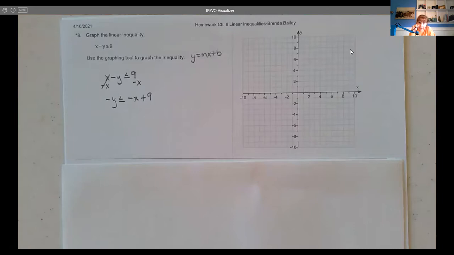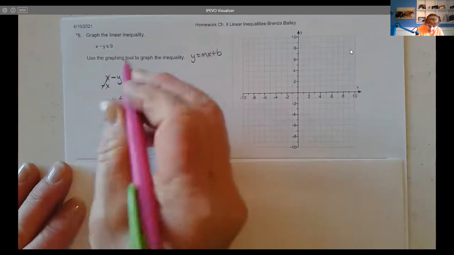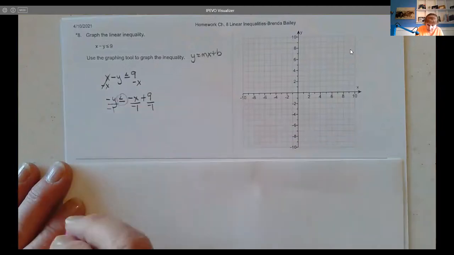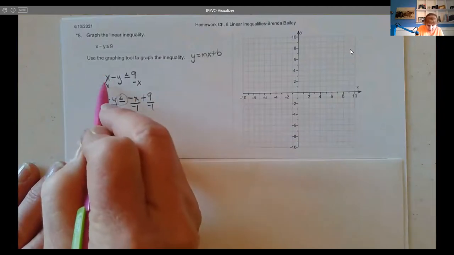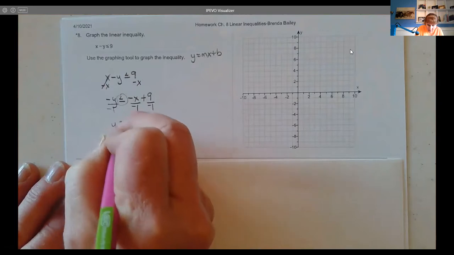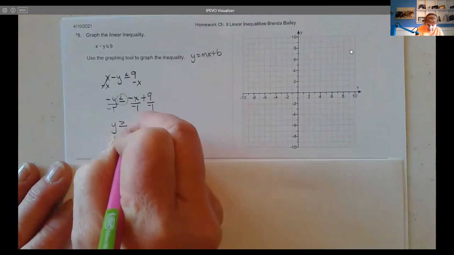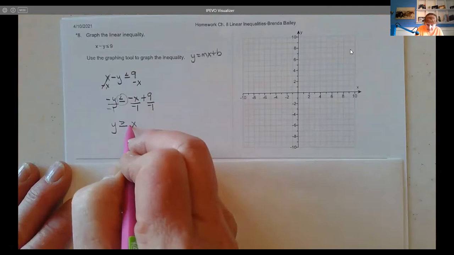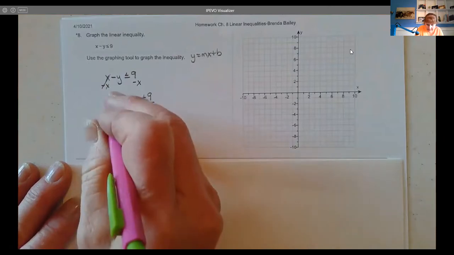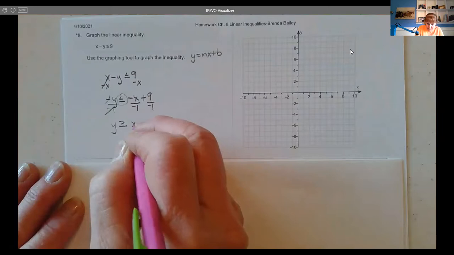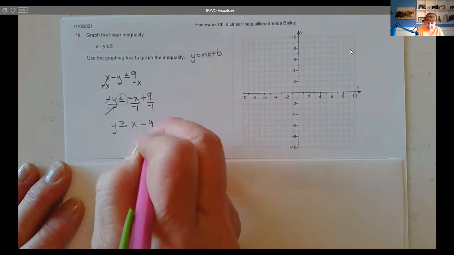But from the last section, I know that if I divide by a negative, I have to flip the inequality. So it took 2 steps, this, and then we're dividing, but we have to flip the inequality. A negative over a negative is a positive, and these cancel, so you get your positive y is greater than or equal to positive x minus 9.